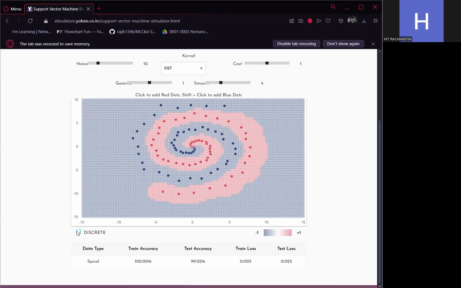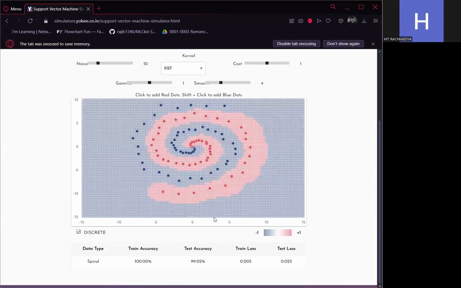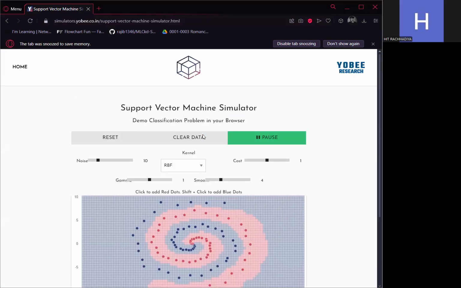So this is the difference between discrete and non-discrete. In non-discrete, the other portions are not defined, but in discrete, the other portions come under the red label. So this is about support vector machine.